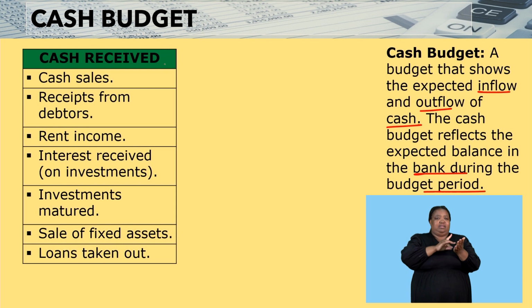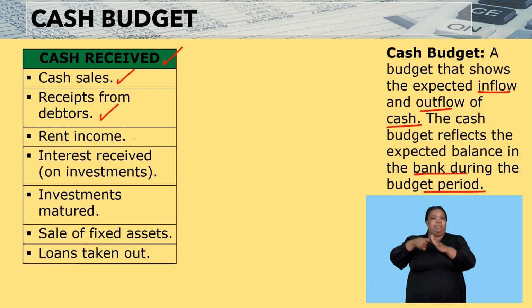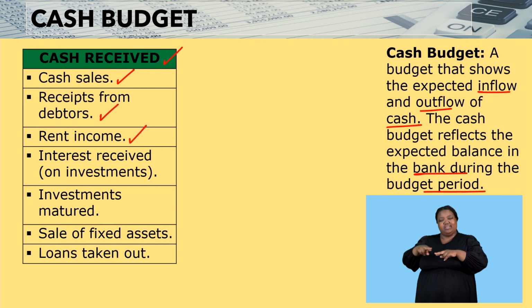When we talk about cash received, we would expect to receive cash from our cash sales and receipts from debtors, that is, we sell goods on credit, then the debtors pay us, so we record it under cash received. Rent income, this is the money we receive from our tenants. Interest received, that is interest on investments, we're talking fixed deposit.